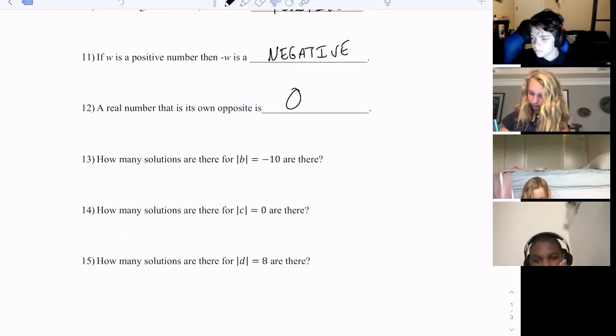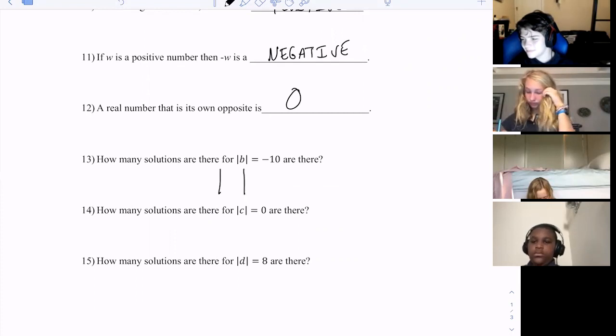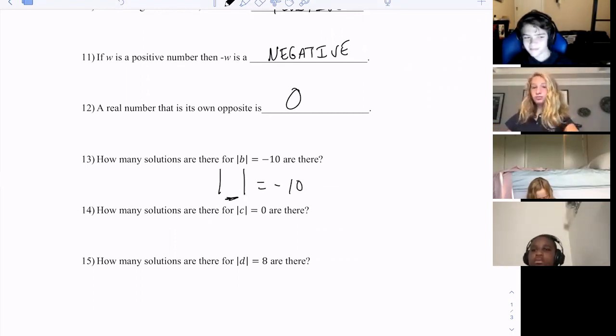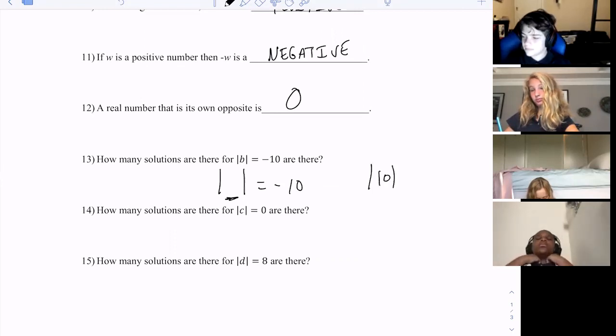Okay, go. How many solutions are there? So give me the absolute value of a number that's going to be negative 10. Well, so here's the question. What number goes in here that's going to equal negative 10? 10. So the absolute value of 10 is what? Come on now. What's the absolute value of 10?